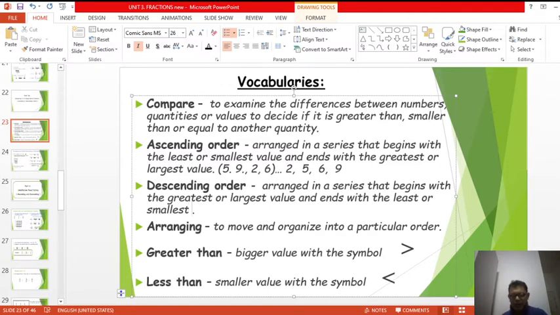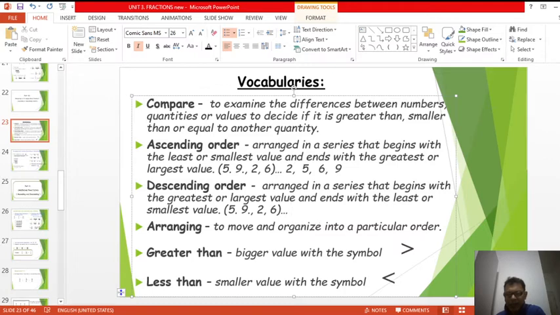If we use the same numbers, 5, 9, 2, 6, in descending order, it is just the reverse of the other one.